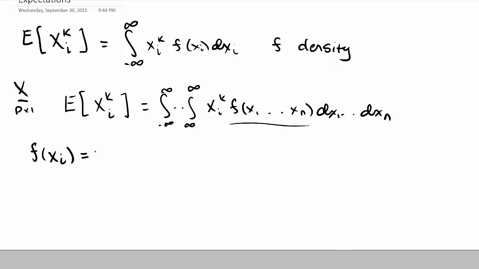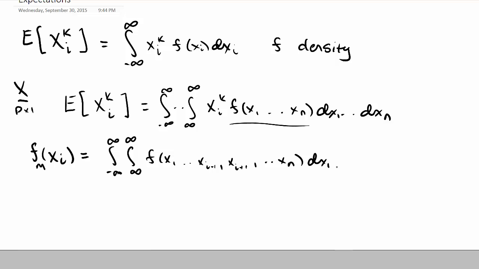The way we get at that marginal distribution is we take the joint distribution and integrate it all the way up over all the variables except for xi. Okay, so that's how we would get the marginal distribution.